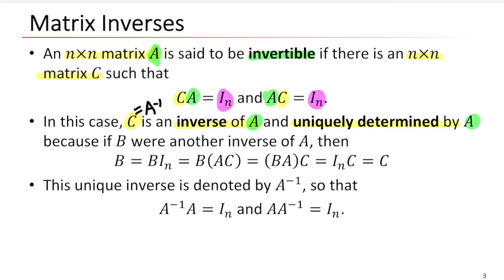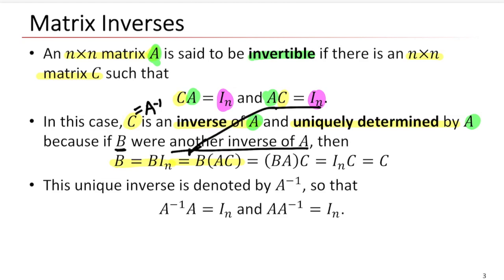So how can we prove this? Suppose there is another matrix B, and B were another inverse of A. Then we can write B is equal to B times the identity matrix, which is equal to B times AC.